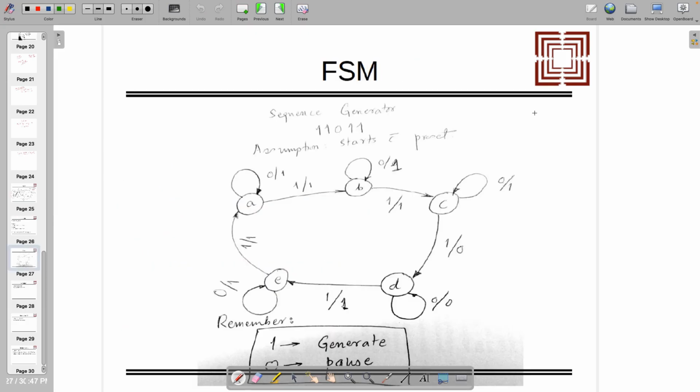If you want to have that 11011, then you just start with A first, and you assume that it is preset, meaning it's set to 1, right? It's not reset, but preset. That's why we have kept 1 over here. The output was 1 at the beginning. So with 0 it's pause, with 1 it's generating.